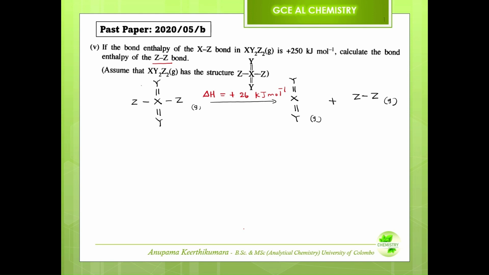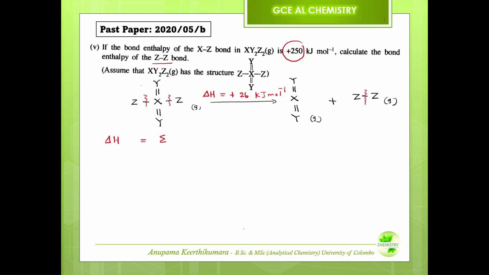And then the bond enthalpy of XZ bond. It's given, plus 250 kilojoules per mole. And we have to calculate the bond enthalpy of this Z-Z bond. Now we can write the equation for delta H using these bond dissociation enthalpies.